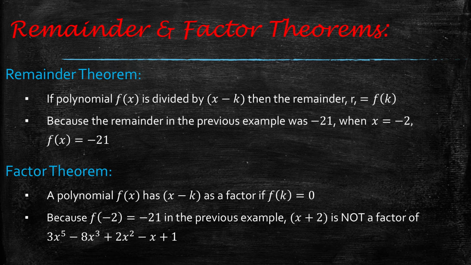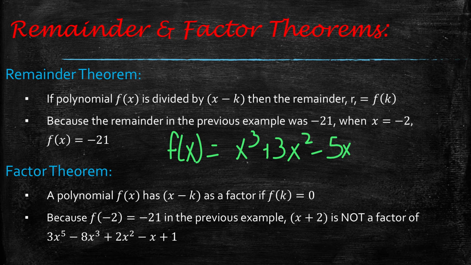So, if I had f of x, so let's say I had f of x equals x to the 3rd plus 3x squared minus 5x plus 7, let's say.